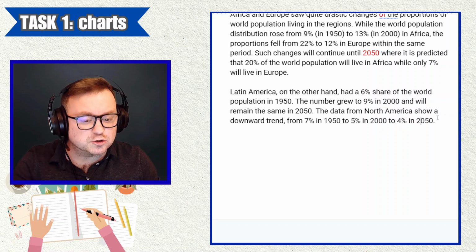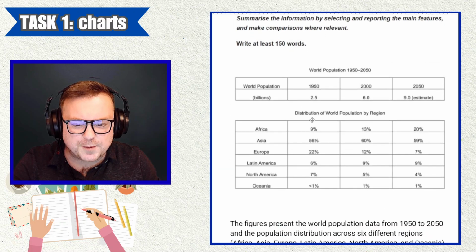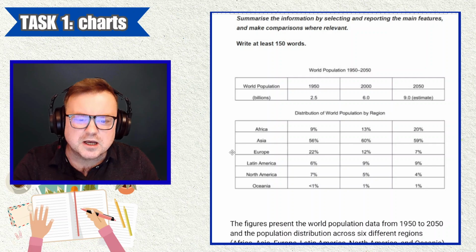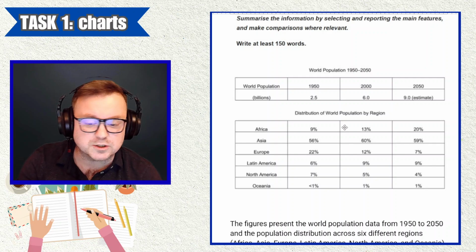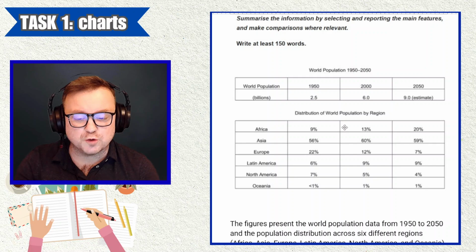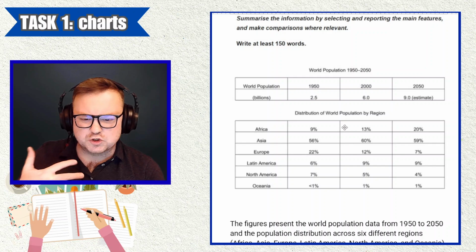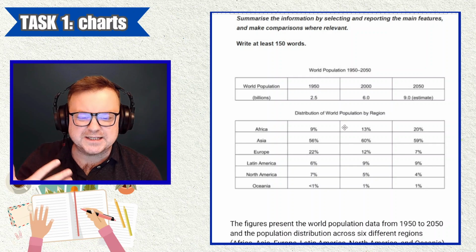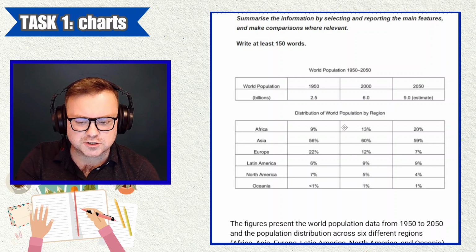Yeah, so for me, you're just trying to do too much. You're trying to talk about everything, every number in here, every region. And you really don't have to do that. You just can't do that in IELTS writing task 1. You don't have the word count that will allow you to do that. And also, by selecting all of the features, that shows potentially less of an ability for you to select key features, right?